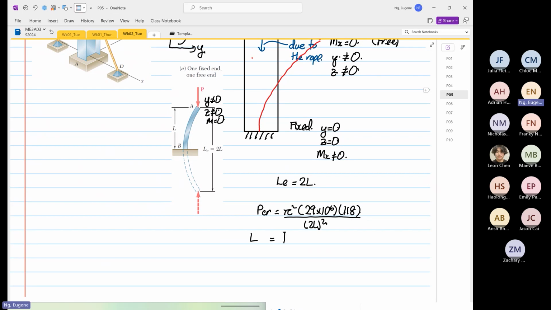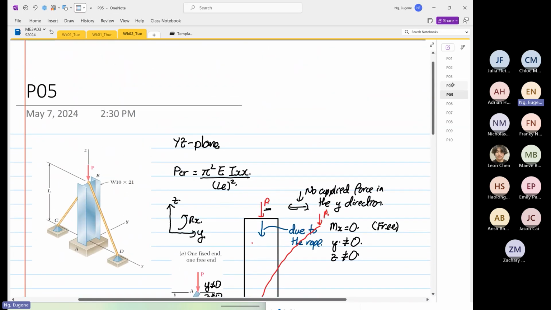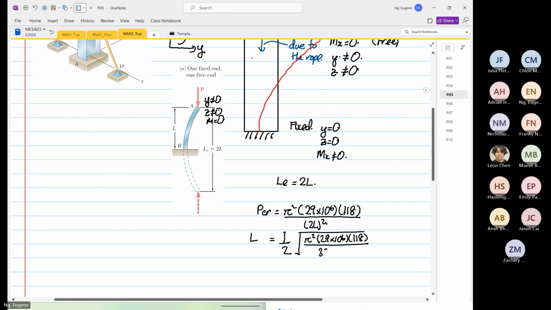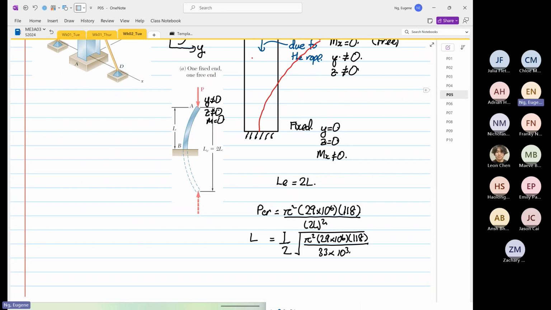So we go to find L. This thing will be half, and then we take a square root because it's L squared. Yep, this is correct. So pi squared multiplied by 29 times 10 to the power 6 multiplied by 118 divided by the P critical, which is set at 33.3, or 33 times 10 to the power 3.